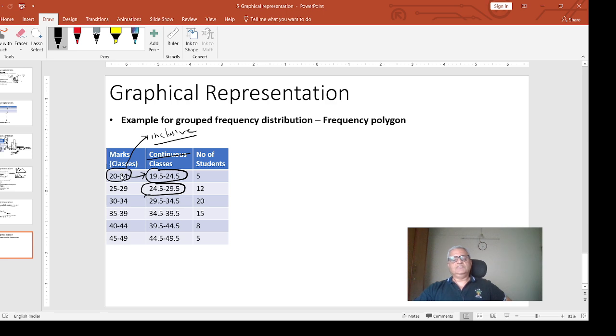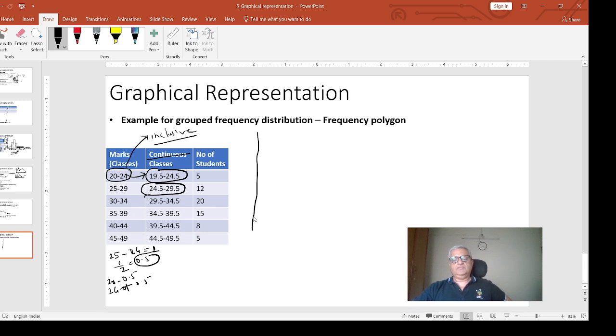So what we have done, if you remember, find out the gap. Gap is 25 minus 24. So gap is 1. So 1 divided by 2 is equal to 0.5. And then I reduce 0.5 from the lower limit of the class, and add 0.5 to the upper limit of the class. And that's where I get 19.5 and 24.5. And I go on repeating this everywhere. Correct?